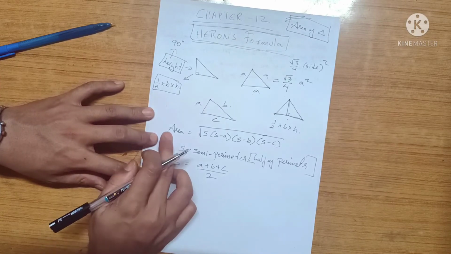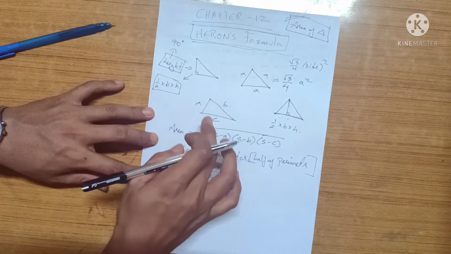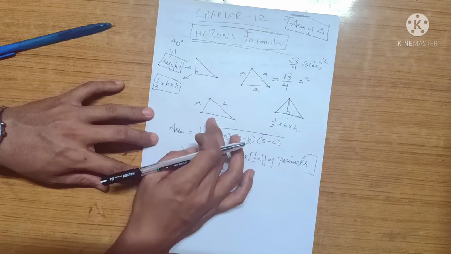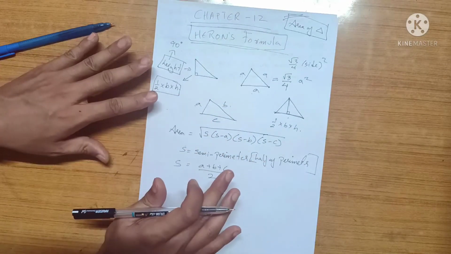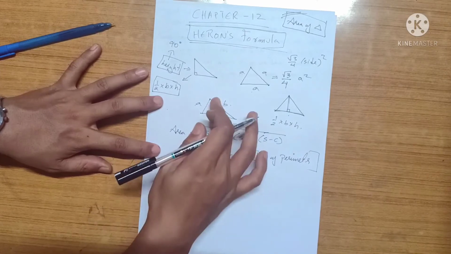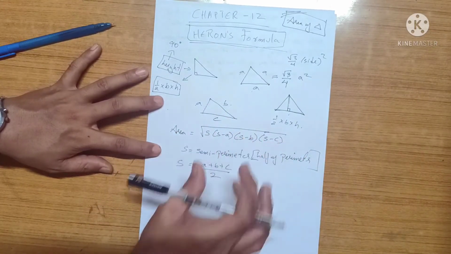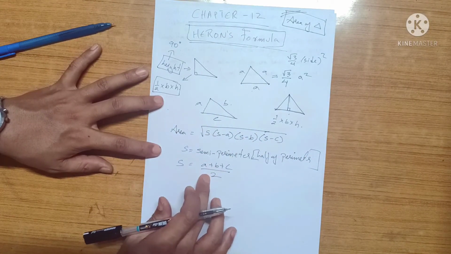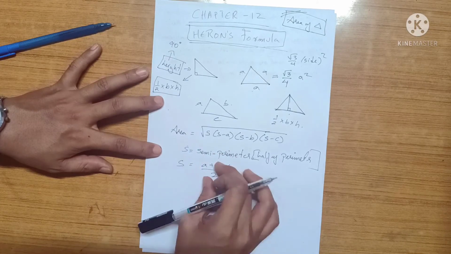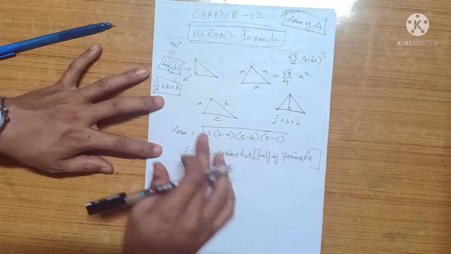So the area of a triangle whose sides are A, B, C, where A, B, C represent any numbers, is given by this formula, where S is given by this. You first find out S, find its value, and then put it here along with A, B, C.